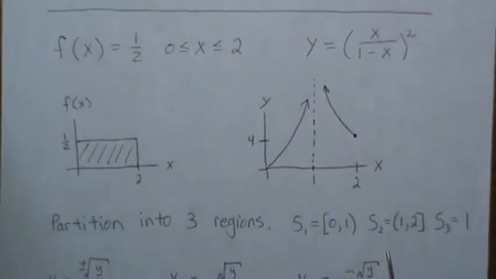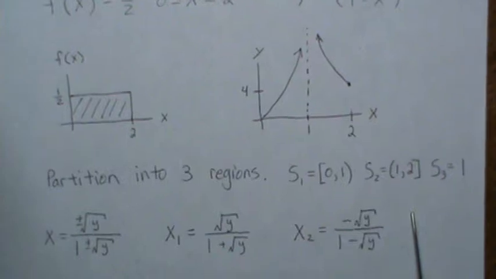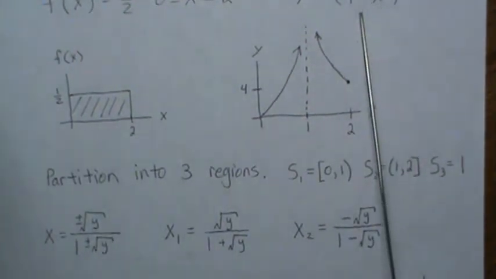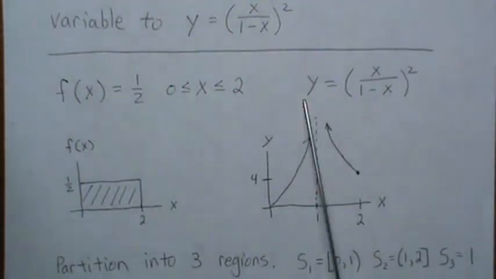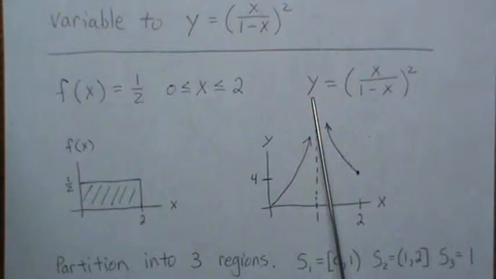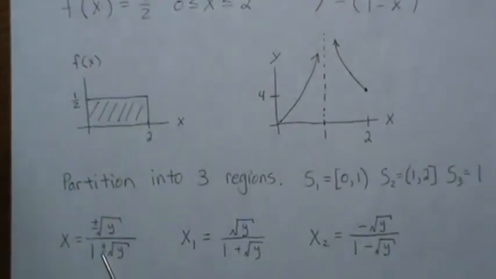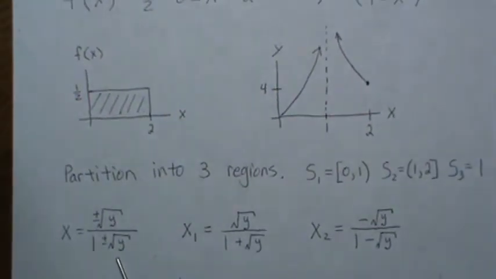So this is our range, and now we need the region. Here we need to back solve for this. That means taking the square root of both sides, so we get plus or minus square root of y times this, and then you do your solve and you get this. You get x is equal to 1 plus or minus square root of y. So there are 4 possible values here.